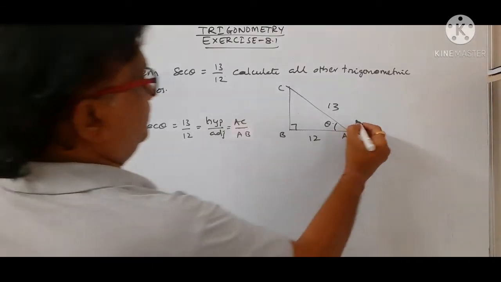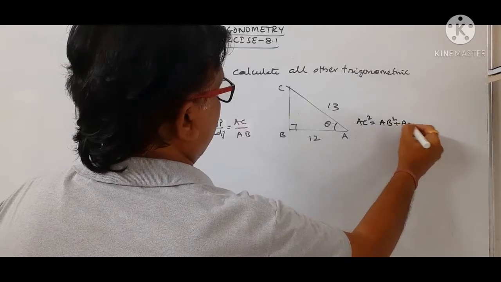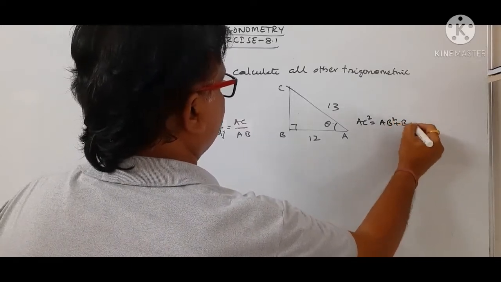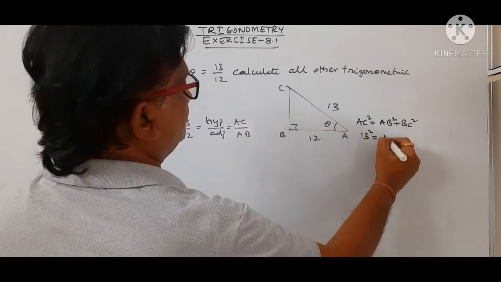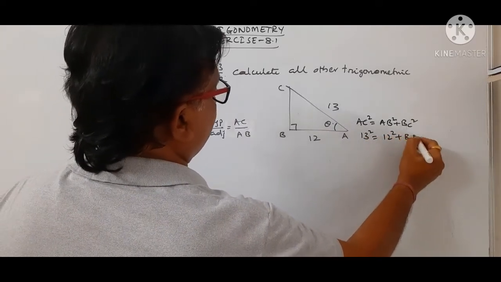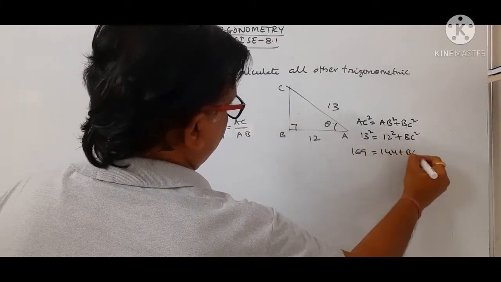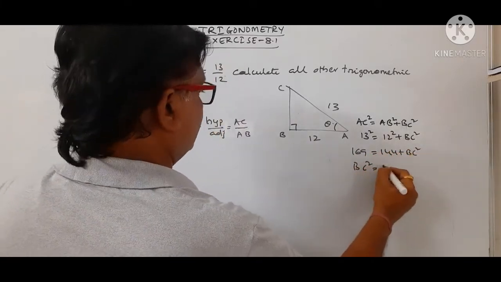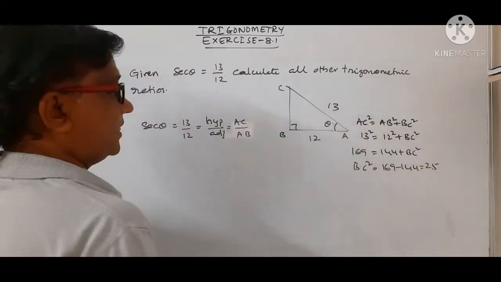So AC square equal to, again you go to the Pythagoras theorem, AB square plus BC square. So 13 square equal to 12 square plus BC square. So 169 equal to 144 plus BC square. So find BC. 169 minus 144, that is 25.